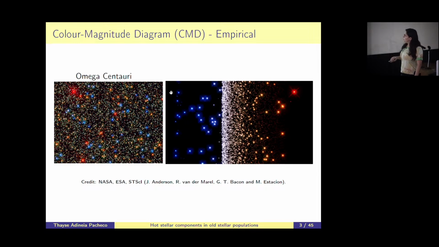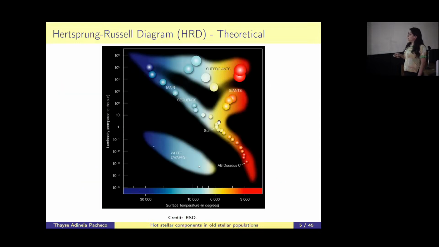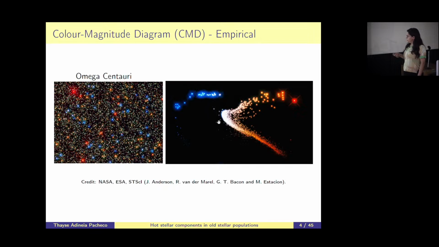After, we can separate the stars by brightness, where the brightest stars are in the upper part of this image. And here we have an empirical HR diagram, where we can see that the stars are distributed in specific regions.